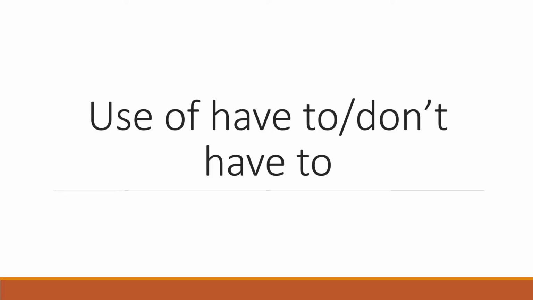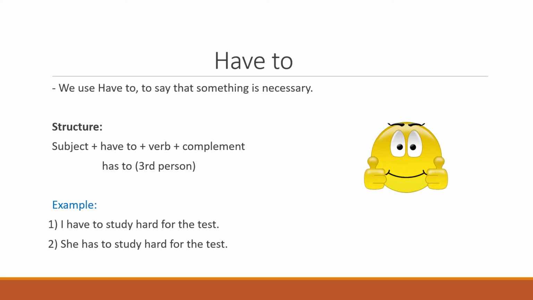Okay. Before we continue with the lesson, I am going to explain to you the use of have to and don't have to. So pay attention. Have to. We use have to say that something is necessary. Okay? The structure is the next one. Subject, have to or has to. This depends on the subject.